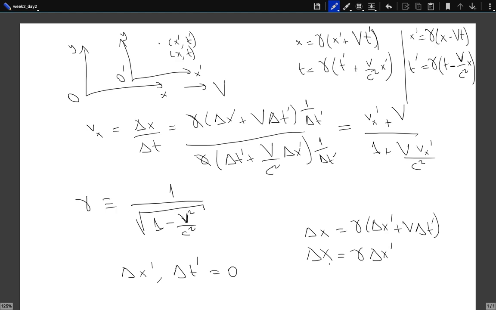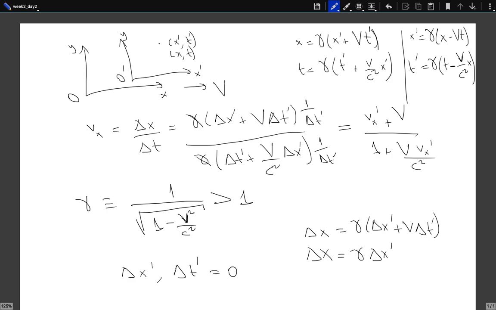But there's one problem. You see, we had defined the gamma factor to be like this. Gamma factor is larger than 1. So it seems as if we don't have length contraction, but we have length expansion.